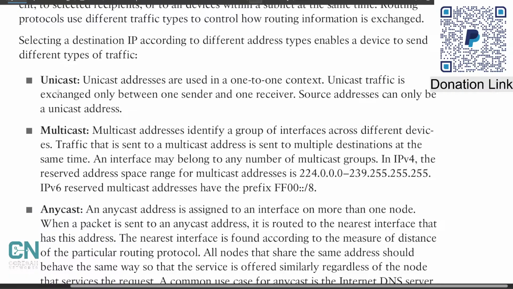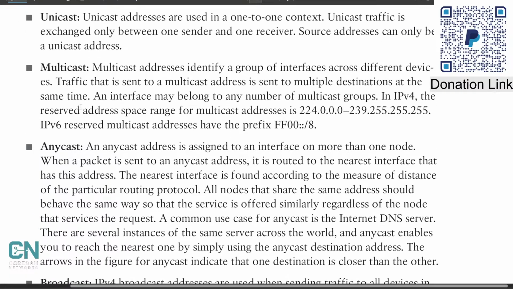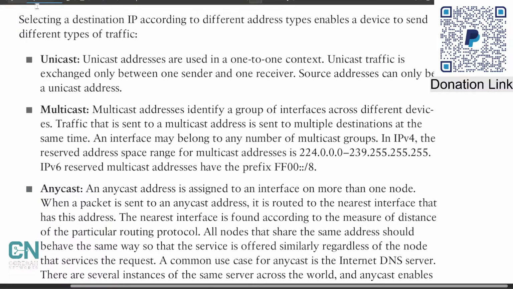The first one is unicast. Unicast addresses are used in a one-to-one context. Unicast traffic is exchanged only between one sender and one receiver. The source address can only be a unicast address. This is obvious.